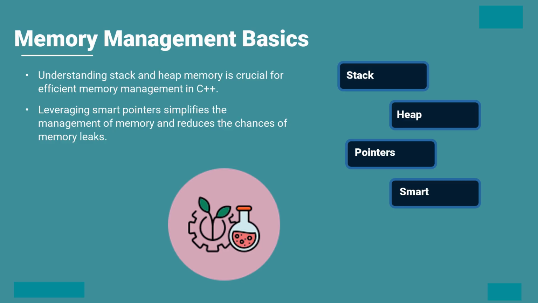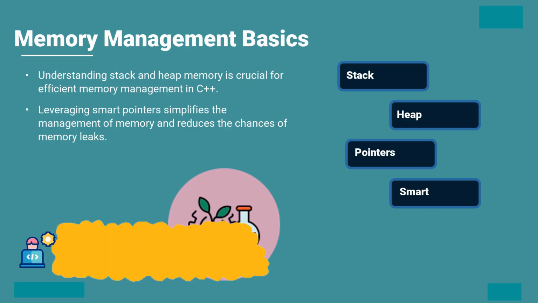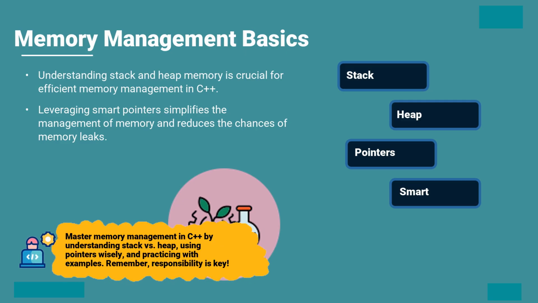From understanding stack and heap memory to the careful use of pointers and ultimately leveraging smart pointers, each area lays the groundwork for mastering how to use C++ memory effectively. So, embrace this knowledge and practice with examples related to memory management. You'll find yourself becoming quite adept at it in no time.